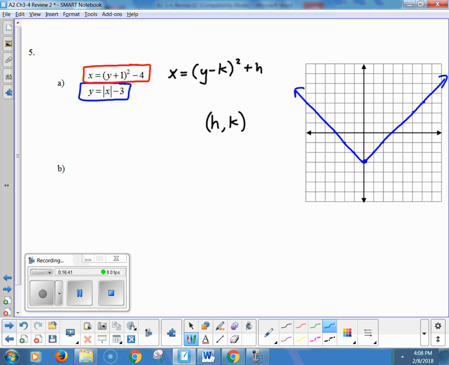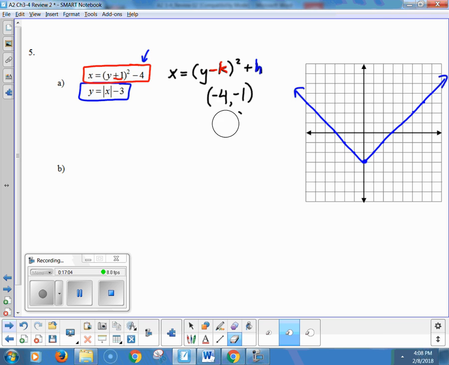What that means is that our value for h, this h, is that -4. So our h value is -4. And it's supposed to be y minus k. We have a +1, which means our k value is -1. So our locator is -4, -1.